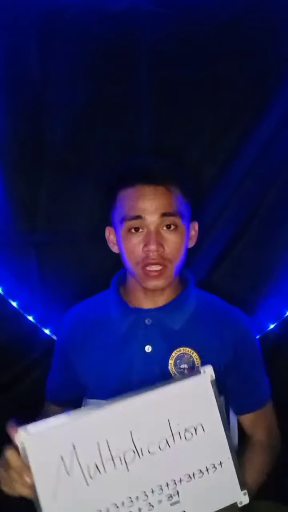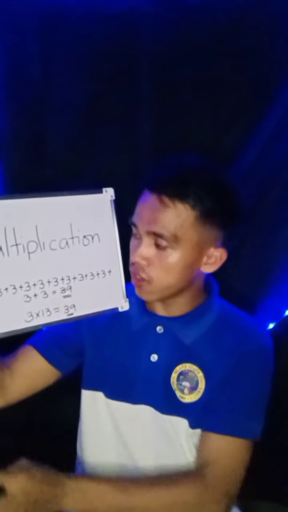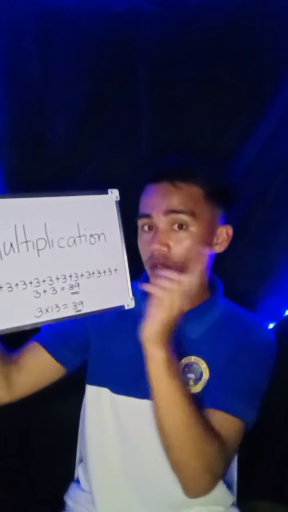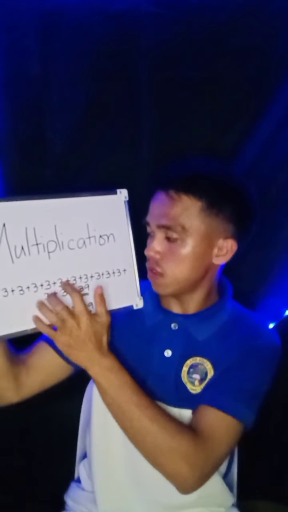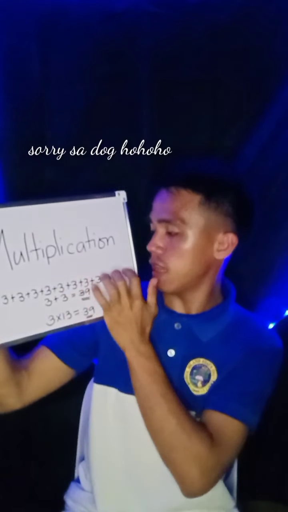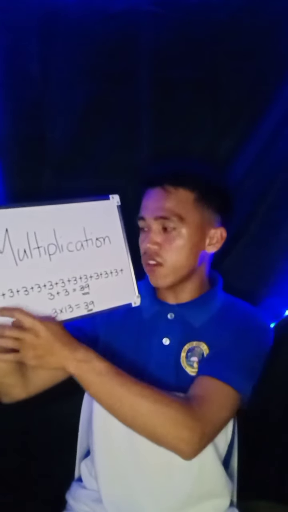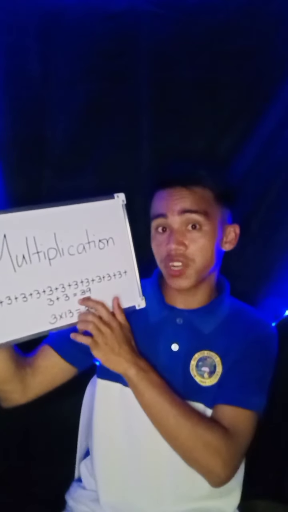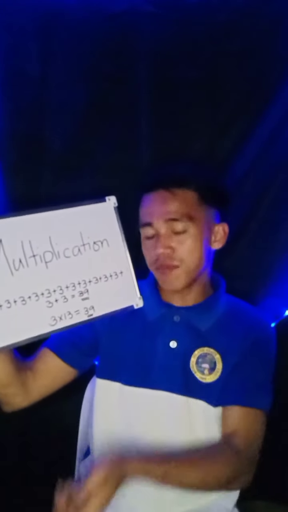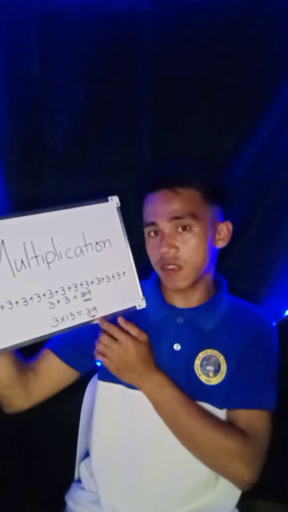Right? Because, as an example on our board, as you can see here, you have to count how many trees. 1, 2, 3, 4, 5, 6, 7, 8, 9, 10, 11, 12, 13. So there are 13 trees there, and if you add, it will result in 39. But if you multiply 3 times 13, the result is 39.